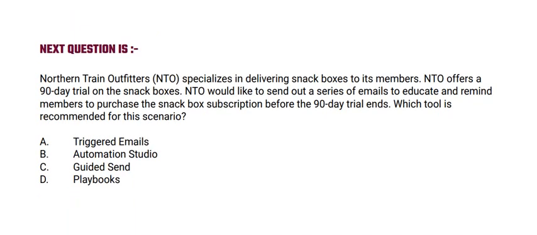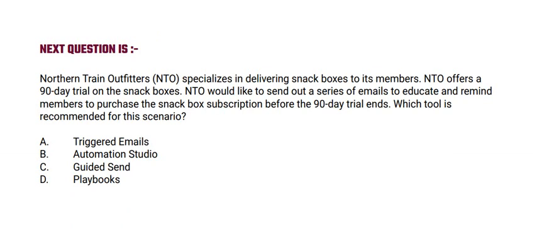Next question is, Northern Trail Outfitters (NTO) specializes in delivering snack boxes to its members. NTO offers a 90-day trial on the snack boxes. NTO would like to send out a series of emails to educate and remind members to purchase the snack box subscriptions before the 90-day trial ends.